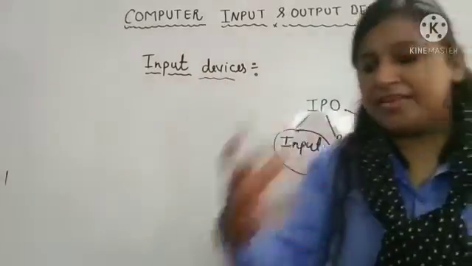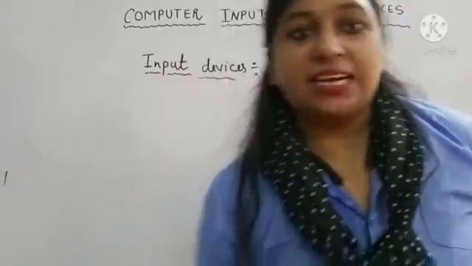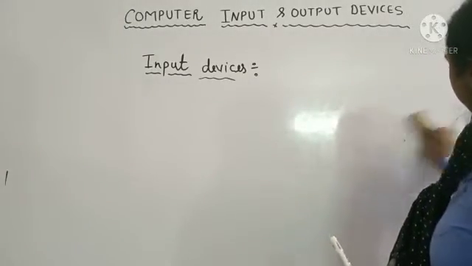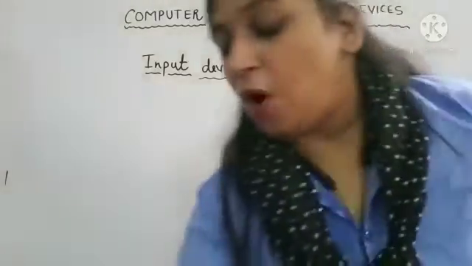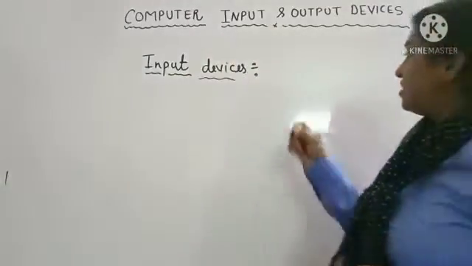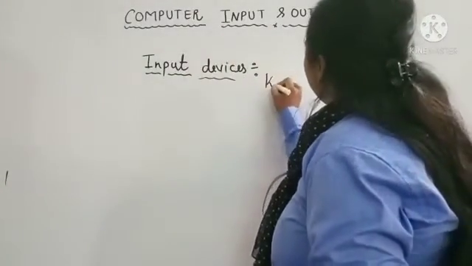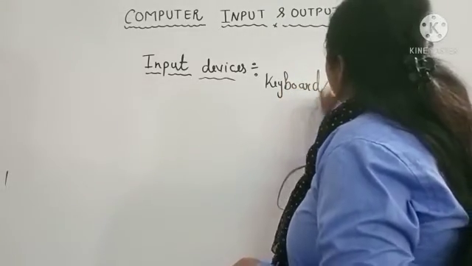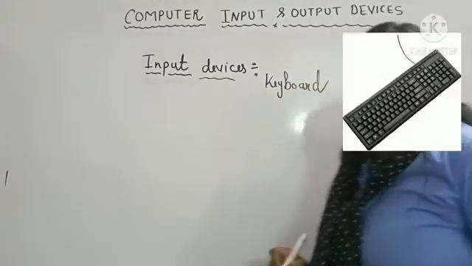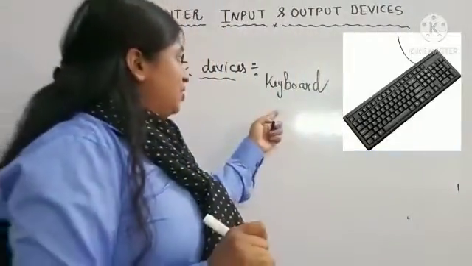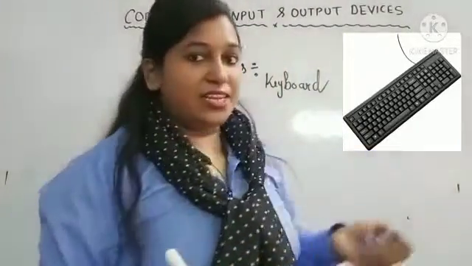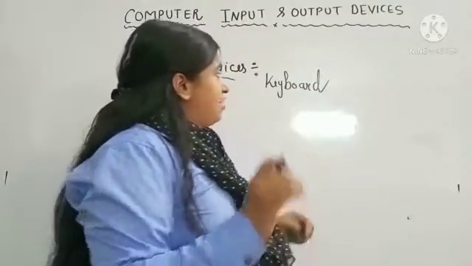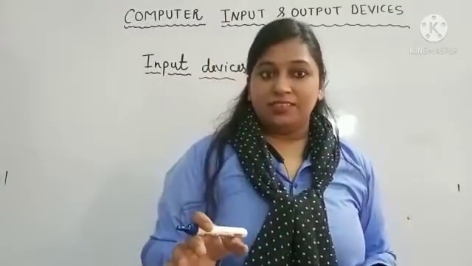Now there are many input devices that we will discuss. The first, very popular input device, is the keyboard. Everyone knows what a keyboard is. If you don't know, then I will tell you. A keyboard works like a typewriter.